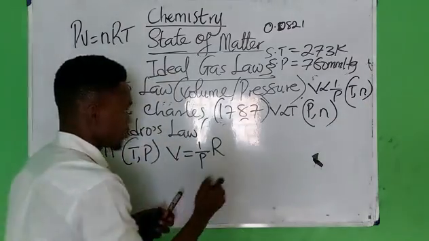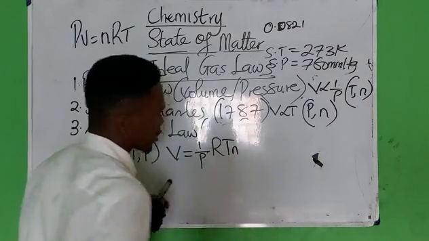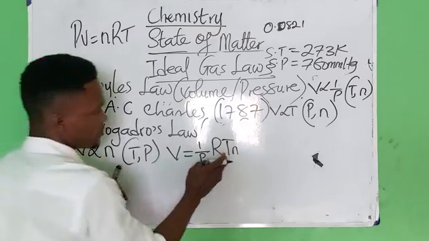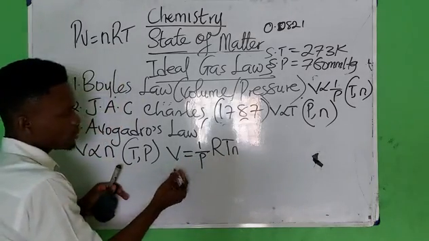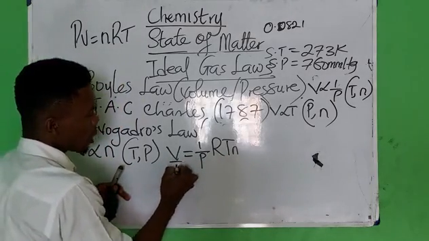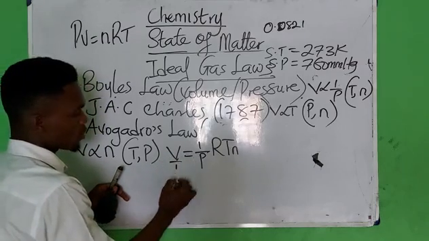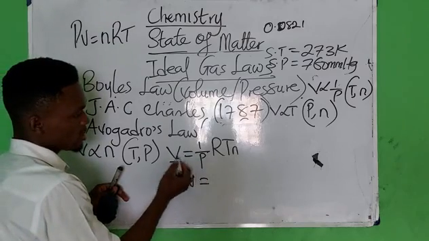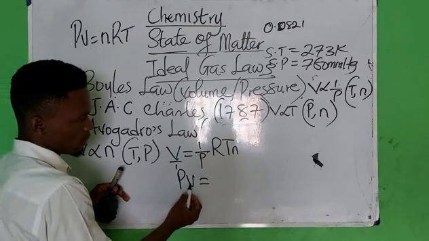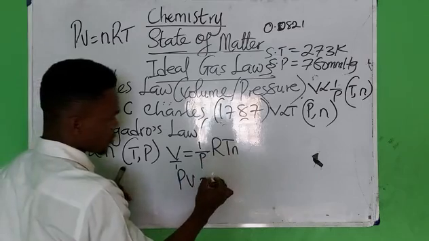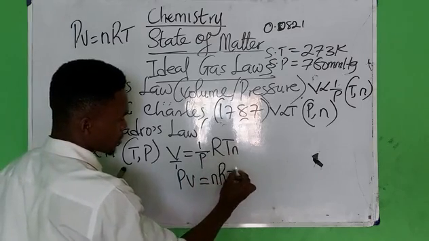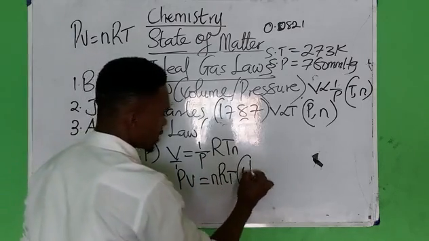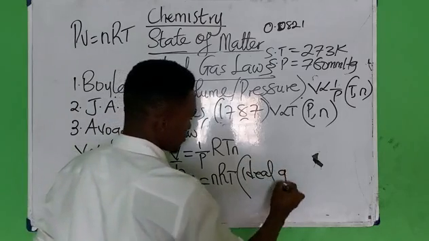So I'll put Tn here. If I cross multiply, this times this is PV, and this times what I have here becomes nRT. So what I have here is called the ideal gas equation.